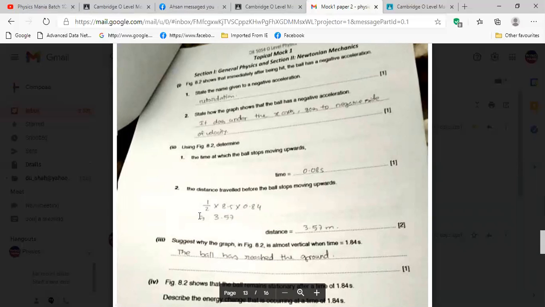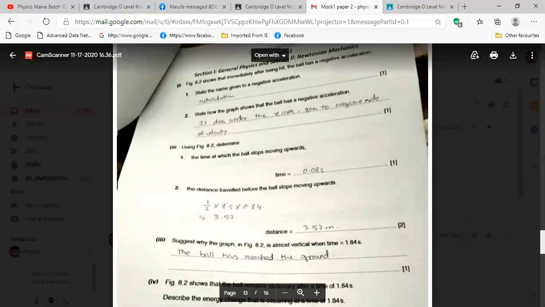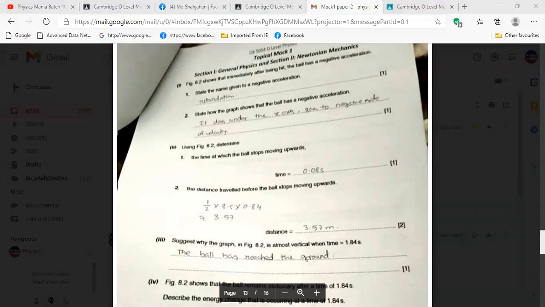Like the curve goes under the x-axis, which is like negative velocity, negative acceleration. Will it be wrong or correct? No, it's fine. Yes, negative gradient, or the line slopes downwards.